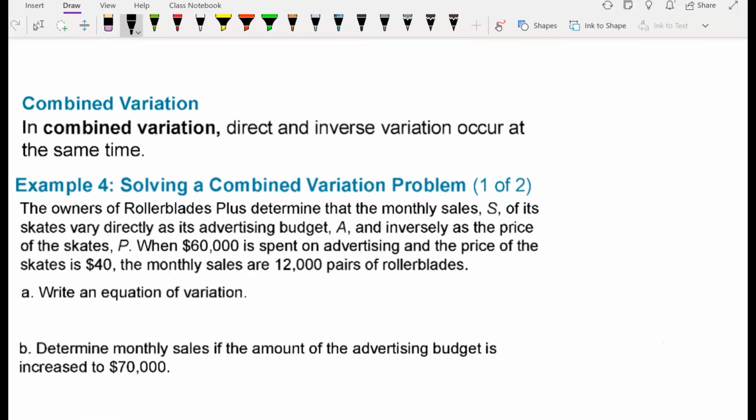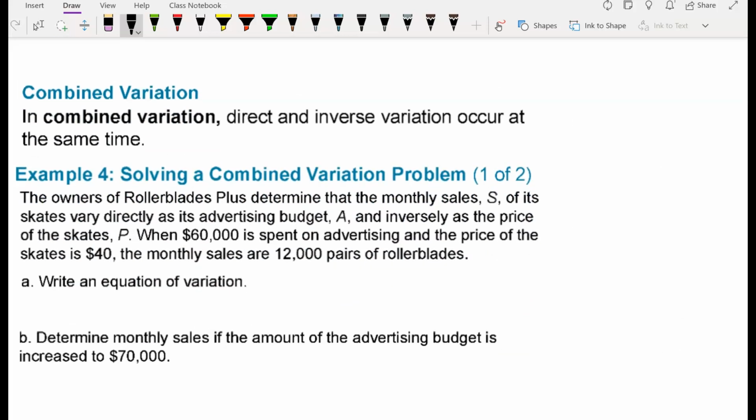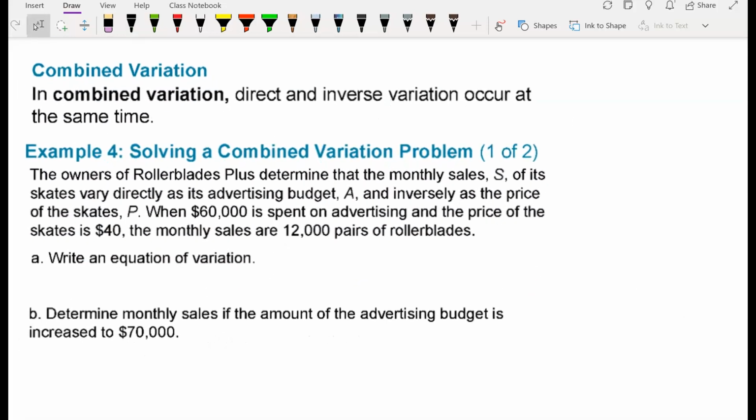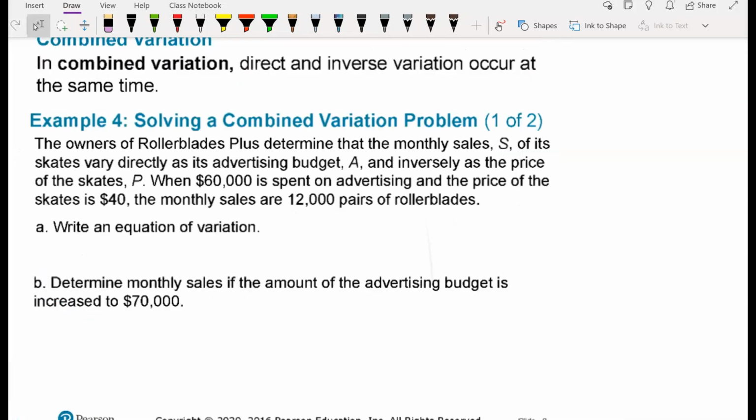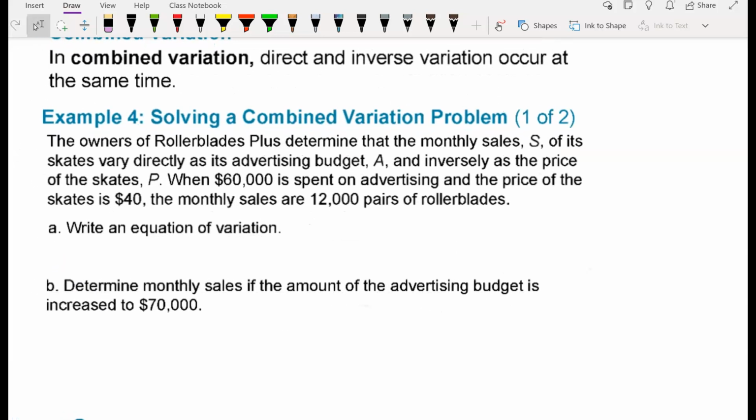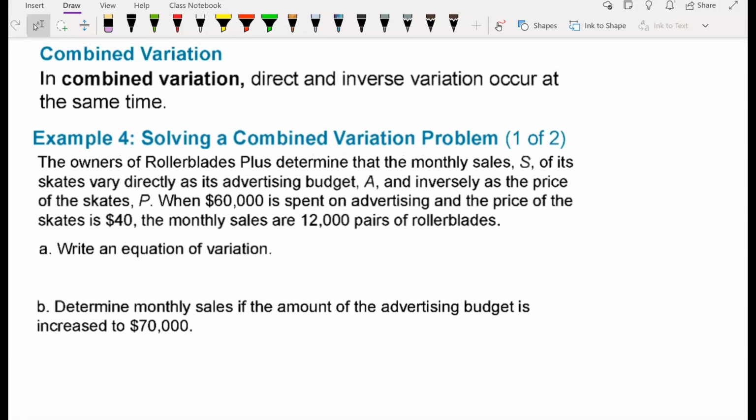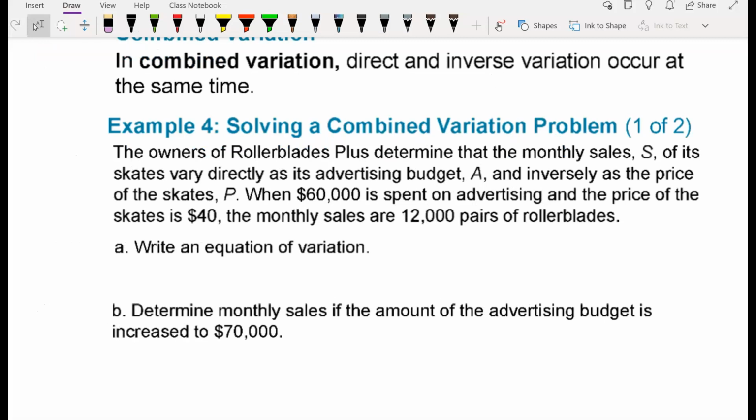All right, the next is combined variation. So direct and inverse variation occur at the same time. So you're doing that multiple thing together. When you're combining those two, it will be y equals x times k, or let's do k first because that's how it's been, k, x, and then over z.